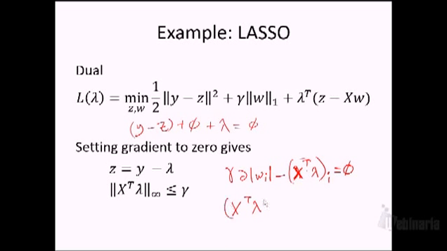And that means x transpose lambda, this is a vector, the ith coordinate of this vector divided by lambda has to be equal to, again, the derivative.